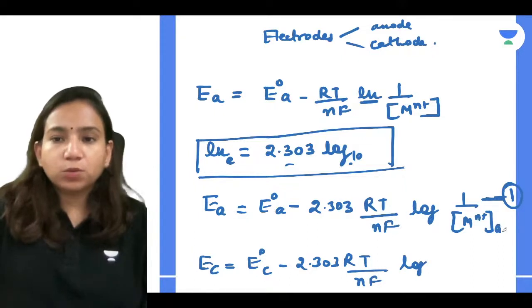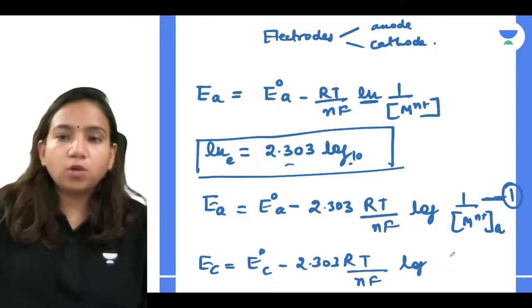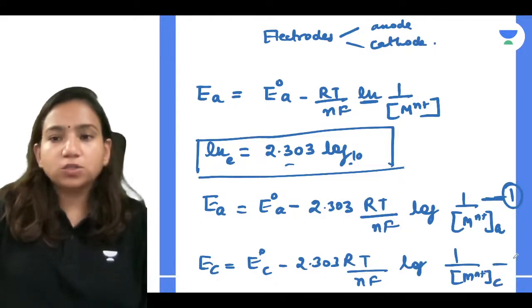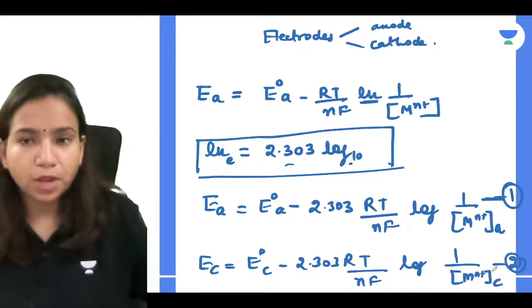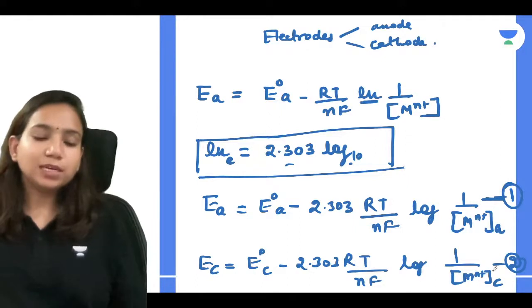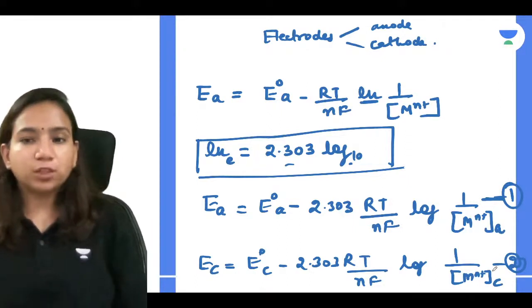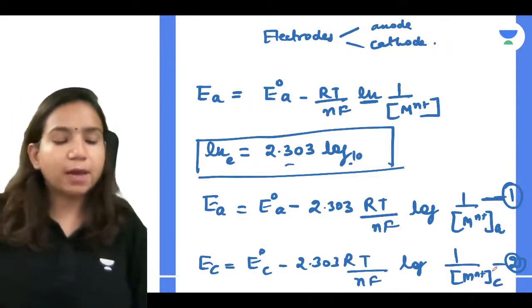Here it was the concentration of anode, but here it is the concentration of cathode. So this is your equation 2. For the anode and for the cathode, I have written the relationship.